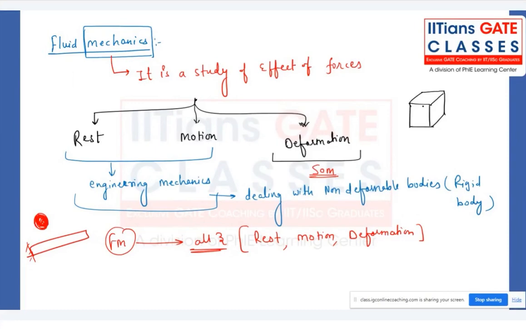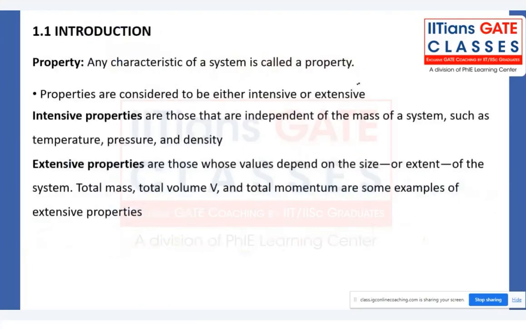But that deformation will happen even when the solid body is not under motion. But in fluid mechanics, if you want to have motion, it has to deform, and that deformation has to be very continuous. Let's see about fluid mechanics.